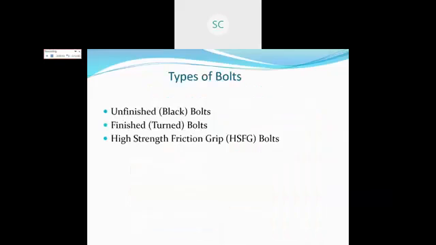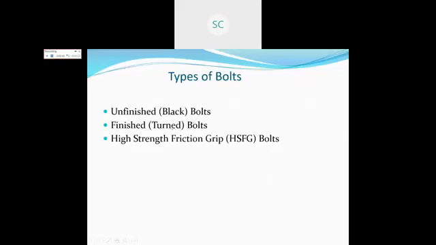Now, if you talk about the bolted connection, there are three types of bolts: unfinished or black bolts, finished or turned bolts, and high strength friction grip bolts. The unfinished black bolts are used for unimportant structures. Usually you use the unfinished bolt, and thereafter we have the finished or turned bolts.